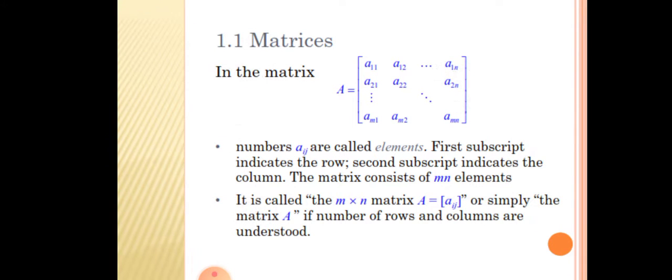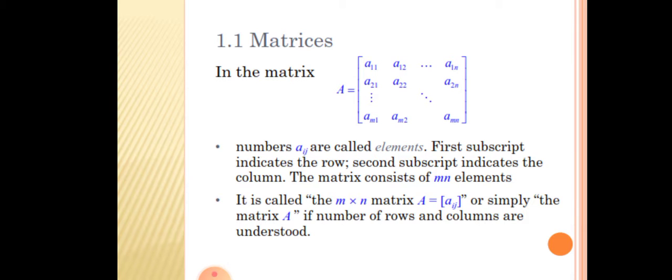Also, the basic notation of a matrix: capital A is equal to a11, a12, etc., up to a1n. In a11, the first subscript is for the row and the second is for the column. These are the elements of the matrix, which we can generally write as aij.